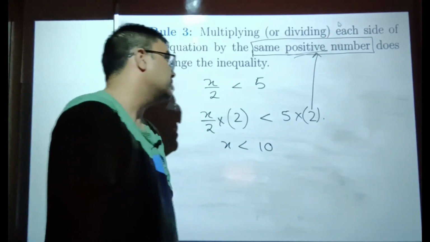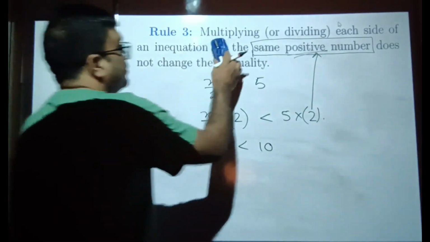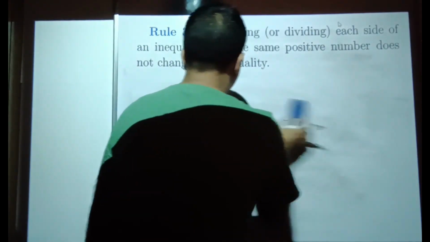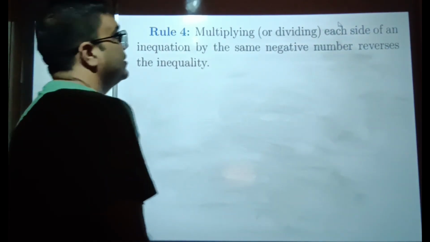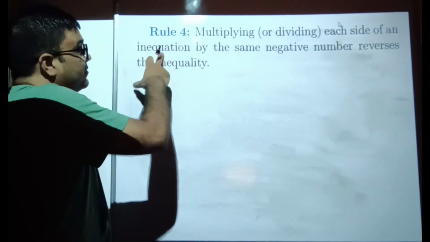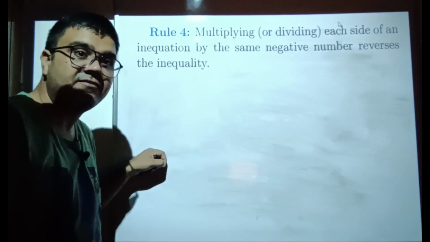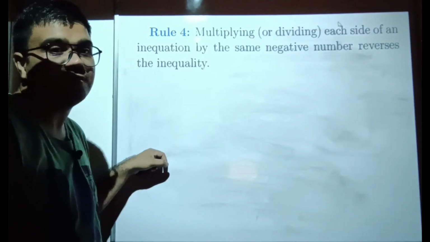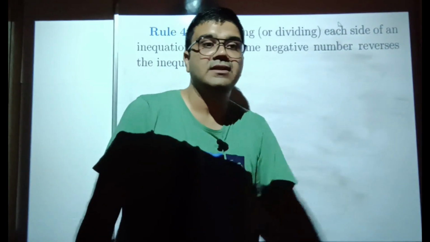Now come to the case, what if this number is negative? If we multiply or divide a negative number on both sides of the inequality, it will reverse the sign of the inequality.